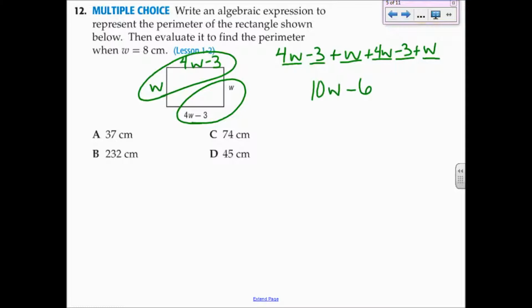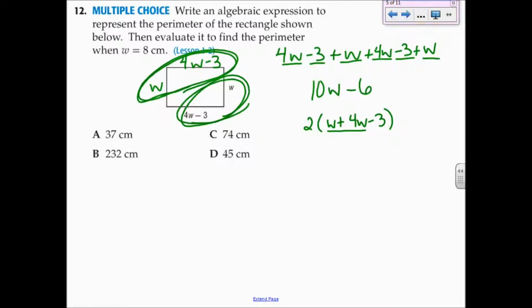The other way that I could do it is to say that since I have two of these things that I circled here, I would just put them in parentheses being added together. 2 times W plus 4W minus 3. And then I can simplify the stuff in between.